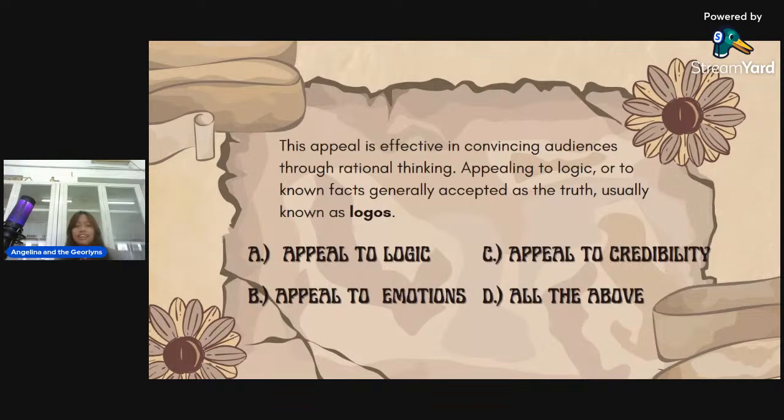Okay. Number one question: this appeal is effective in convincing audiences through rational thinking, appealing to logic, or to known facts generally accepted as the truth, usually known as logos. The answer is there, guys. I'm not making it hard for you. Come on. A, B, C, D. What's the answer?